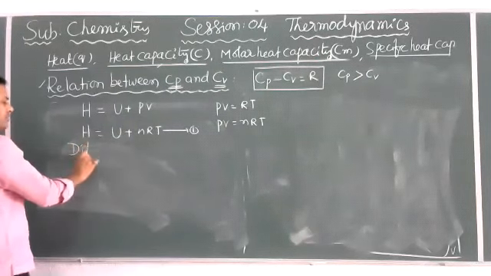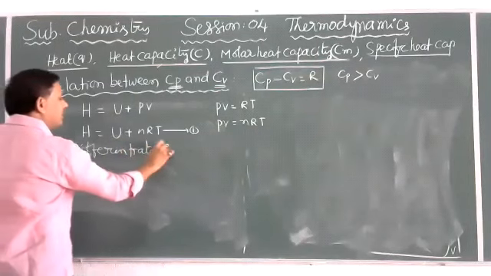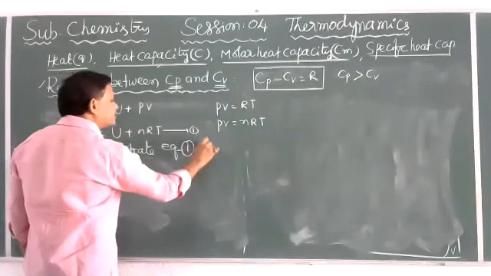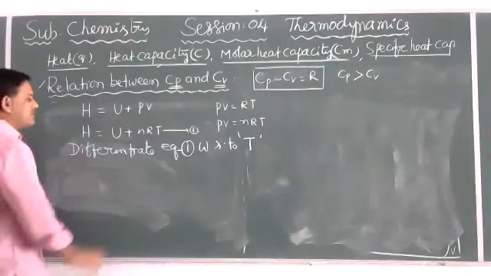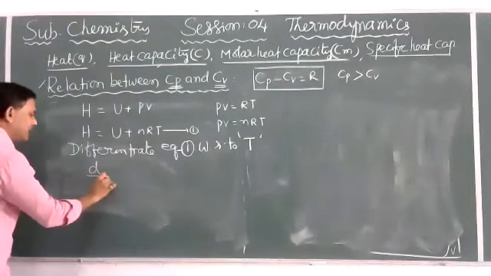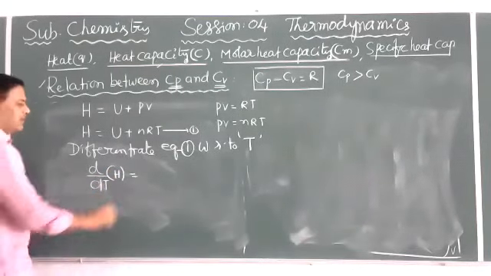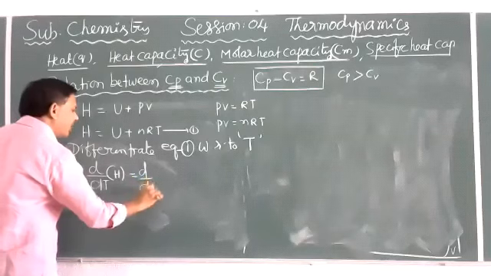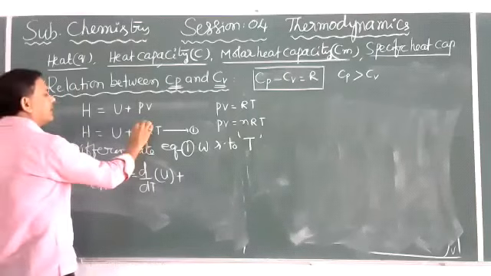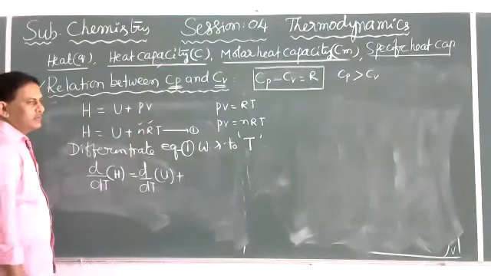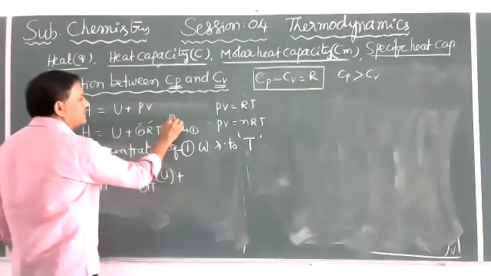So differentiate equation 1 with respect to temperature T. That's why d by dT of H is equal to d by dT of U plus, here n and R both are constant, or for 1 mole we can take n equal to 1.